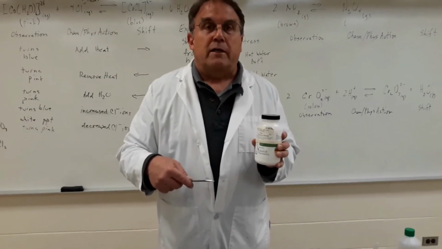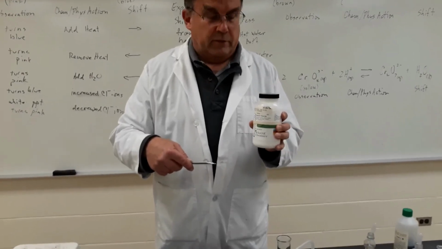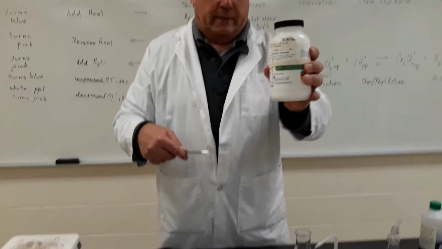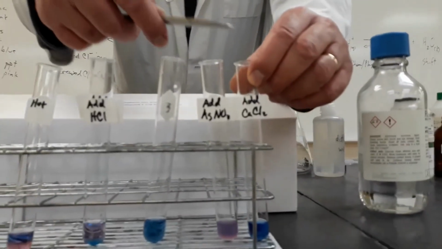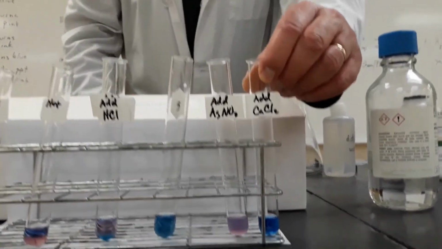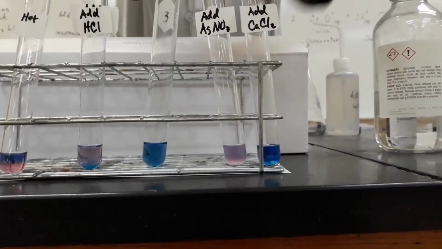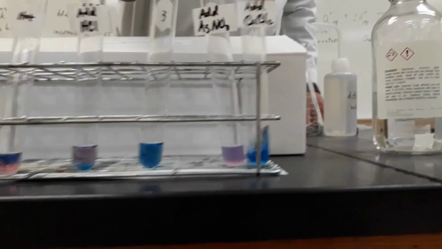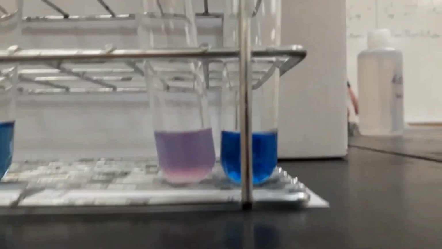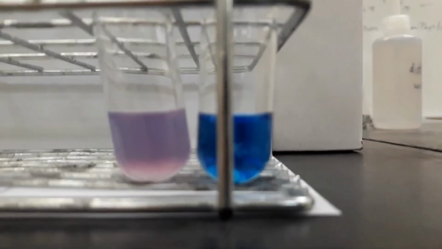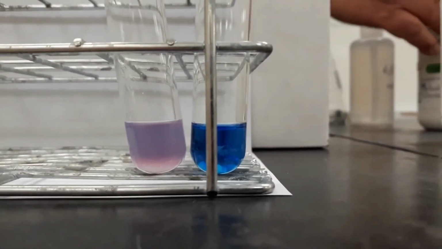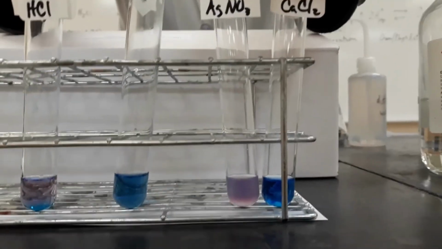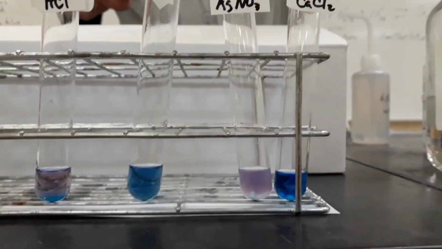All right, the last stress for this equilibrium is to add calcium chloride. And it is also a rather strange mixture. Add the calcium chloride and immediately you'll see a change. I needed to add it to this pink solution.